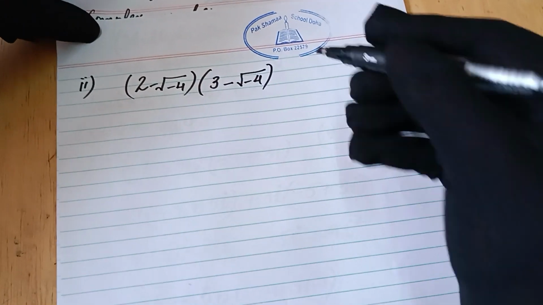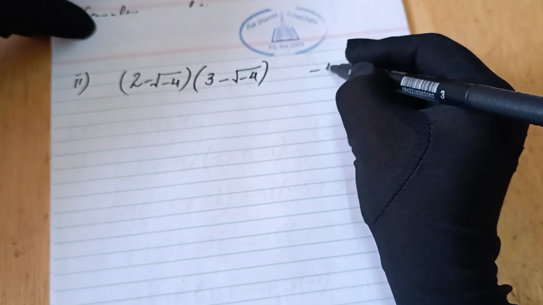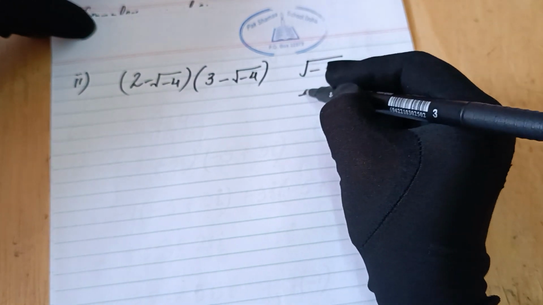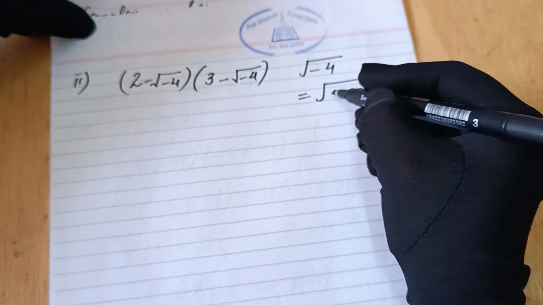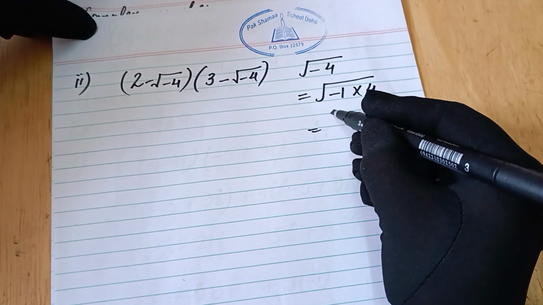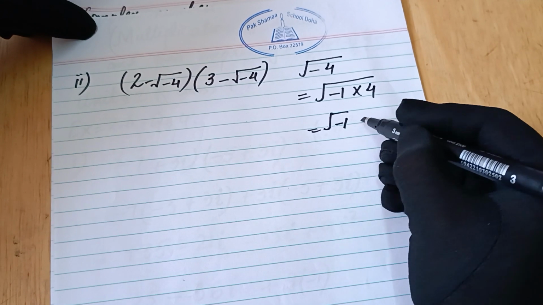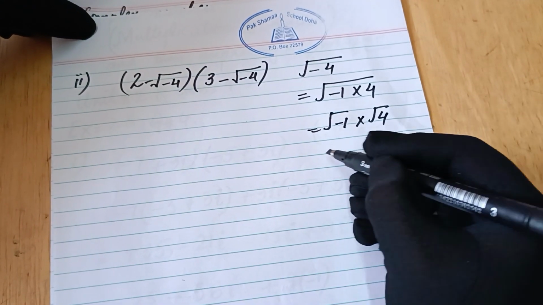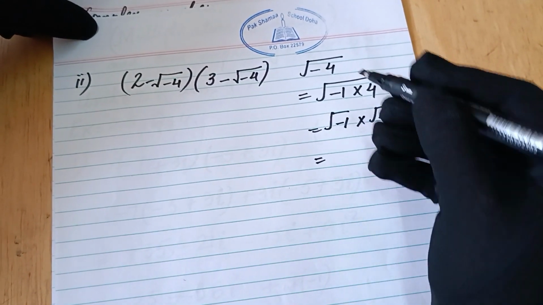Check one number, minus 4 under root. You can write this number under the root as minus 1 times 4. So we put the square root of both separately. So it will make square root of minus 1 times square root of 4.